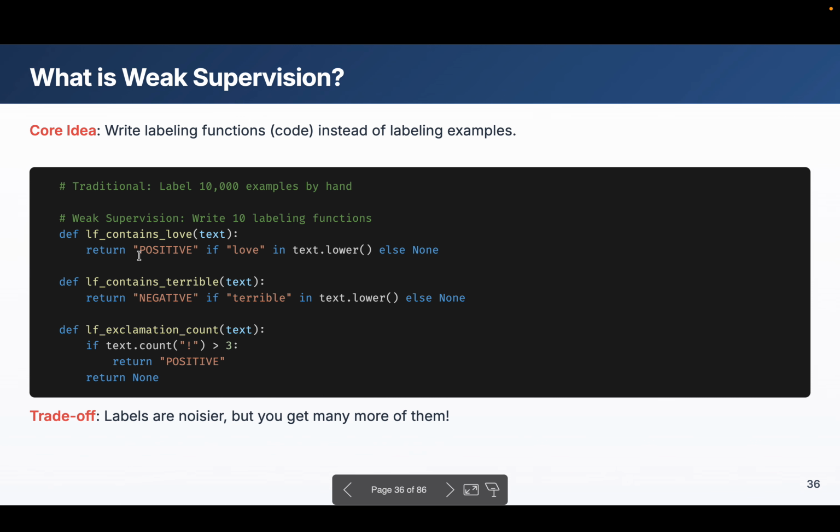It is positive if the word love is in the text: I absolutely love this product. And negative if the word terrible is there: the product was terrible. If the exclamation count is greater than 3, then it is a positive label. Otherwise, abstain from giving a prediction. So LF means a labeling function here.